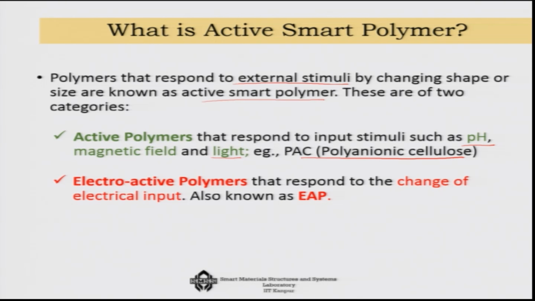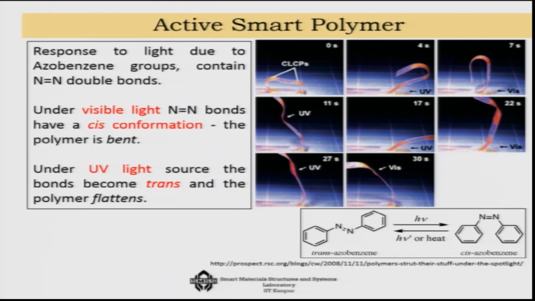So, active polymers can take basically any inputs, non-electrical inputs like chemical inputs, magnetic inputs, or light. Electroactive polymers, on the other hand, respond to a change of electrical input, and that is why they are known as EAP. So, we have active polymer AP, and we have a special group which is EAP, which gets actuated with the help of an electric field input.